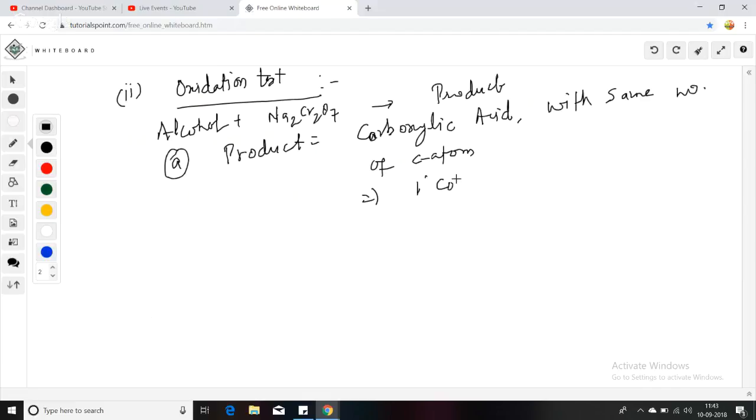It is 1 degree alcohol. Okay. The color change in this is orange to green. Orange to green. Okay.